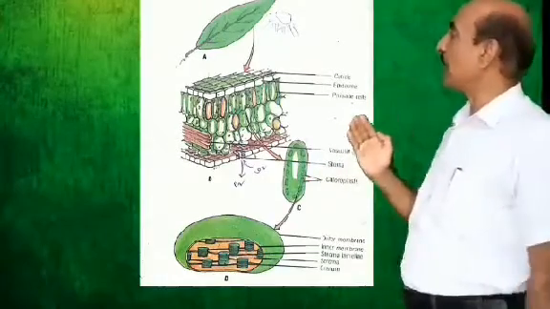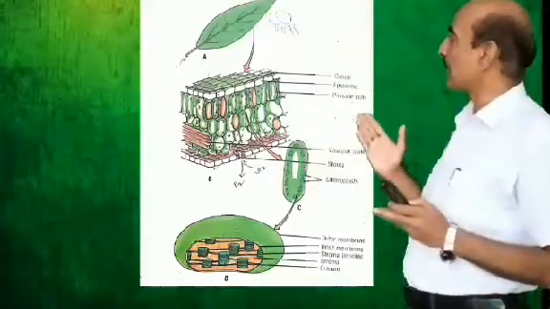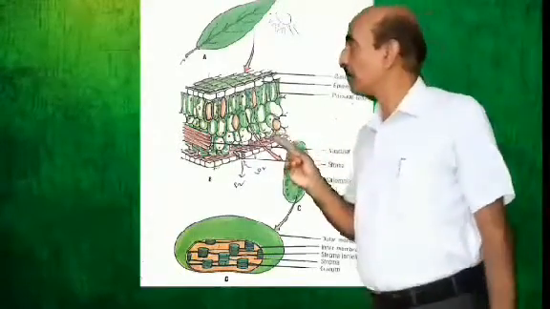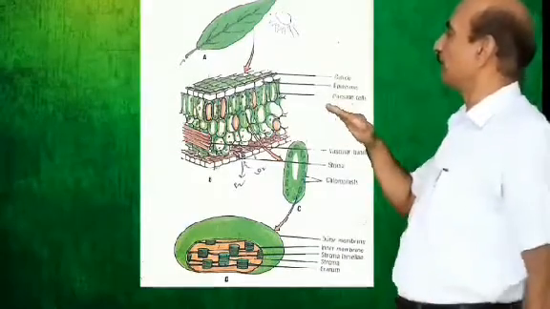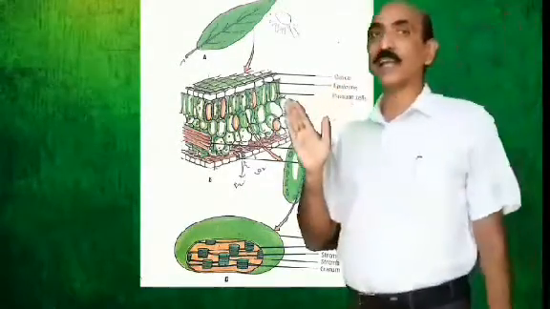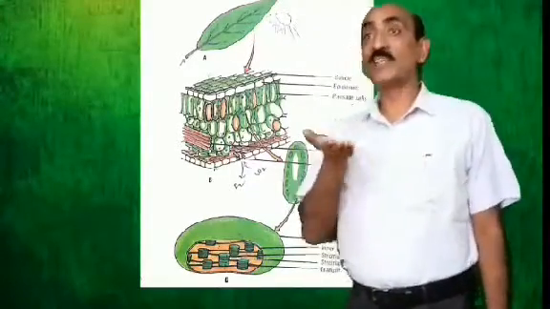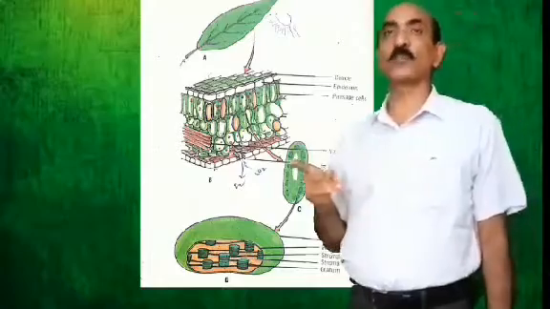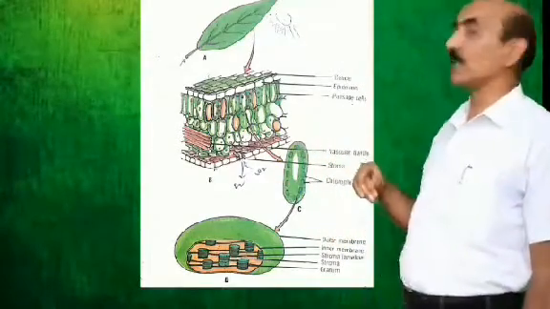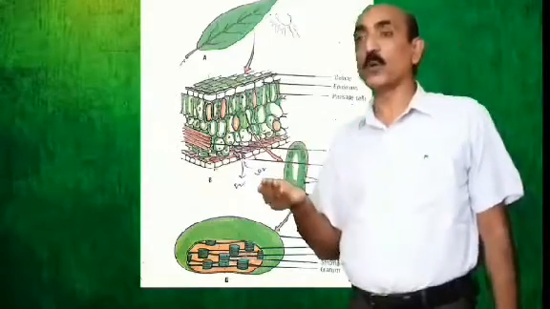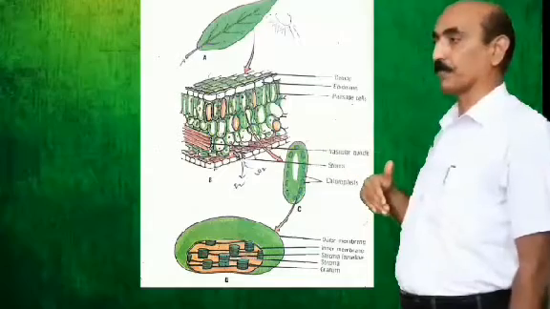If we have the dissection or internal view or vertical section of the leaf, there are two layers. Upper layer that is exposed to sun is called ventral layer or ventral surface of the leaf. The lower layer or lower surface of the leaf that is not exposed to the sun is called dorsal surface.